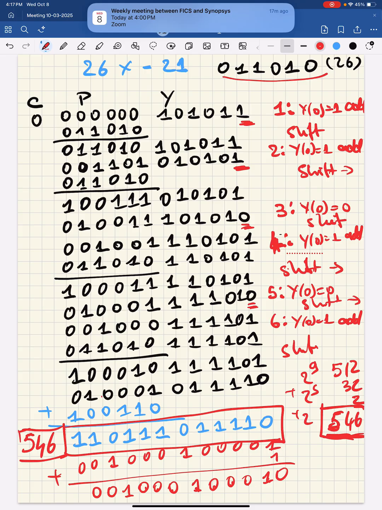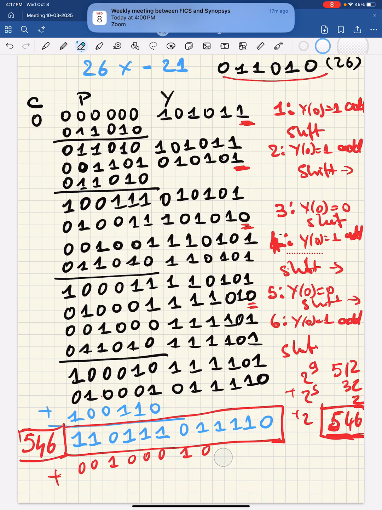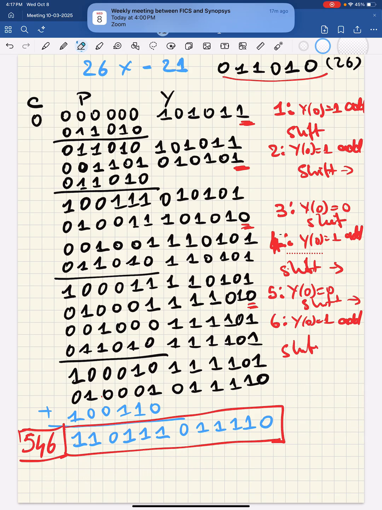Okay, with this here, to summarize again, so just cleaning up. Now to summarize, what have we done? We had the two numbers here to multiply. The multiplier is a negative number and represented here. This is our y. So we will do the shift and add in a regular way, but at the end the result is not going to be this positive number.